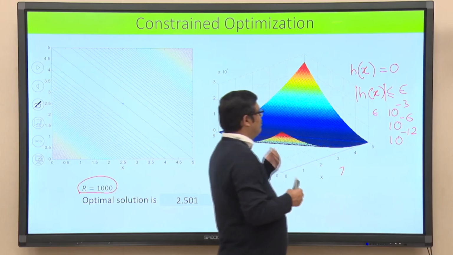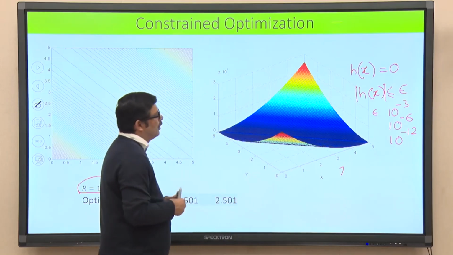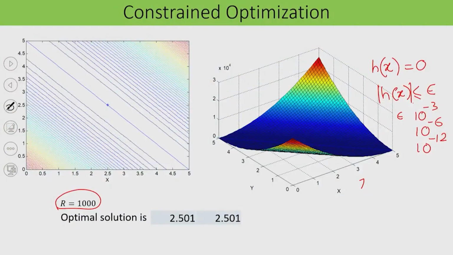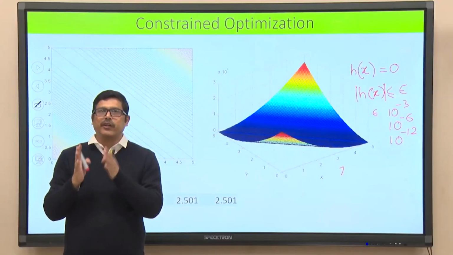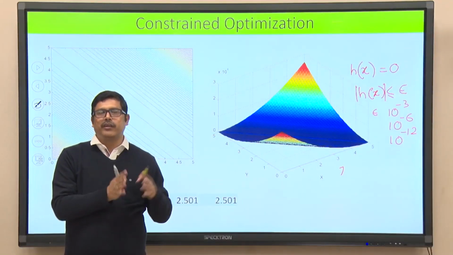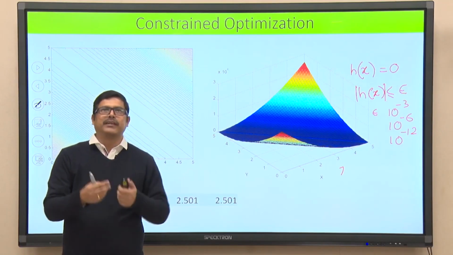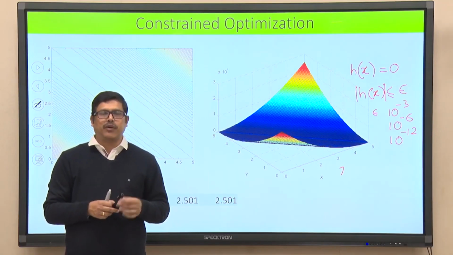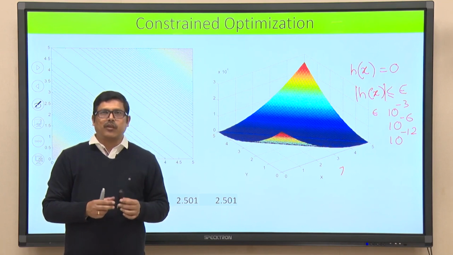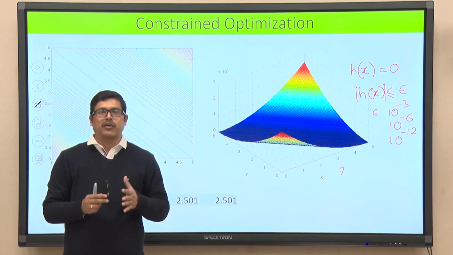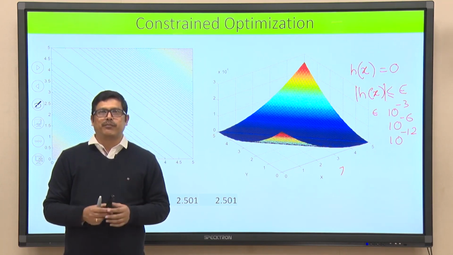Depending upon the permissible error, you can define this epsilon value, but the idea is that you are converting your equality type constraint to an inequality type constraint. That is also something we generally do. So, let us stop here. This is all about the constrained optimization problem. Thank you.